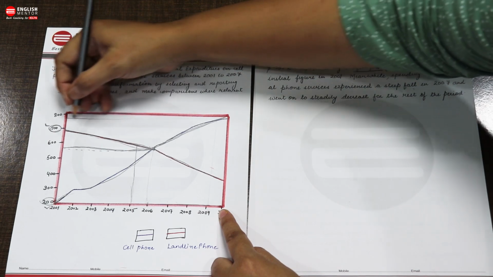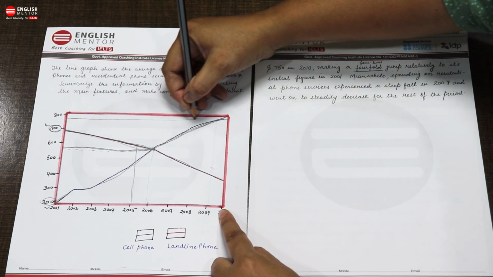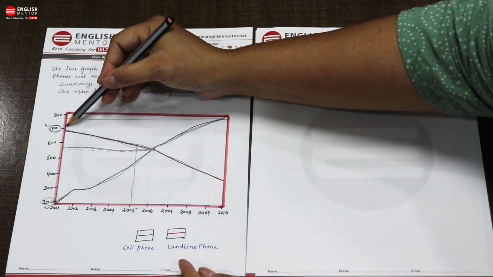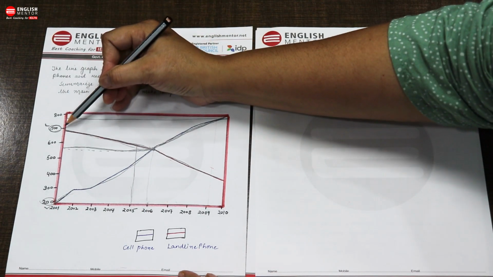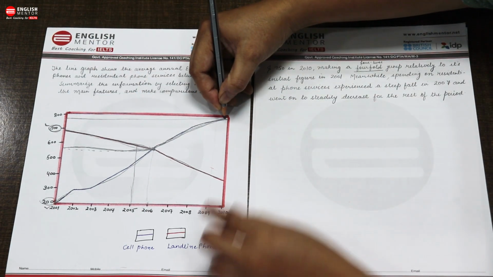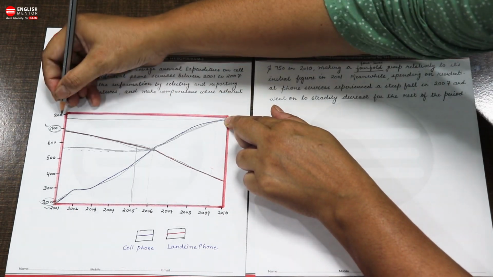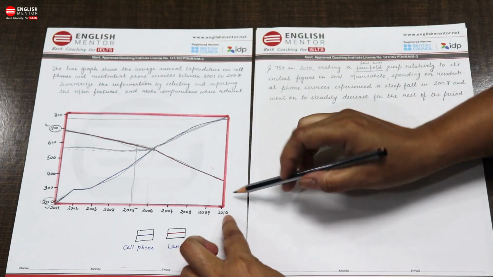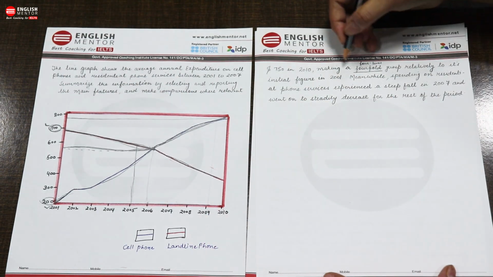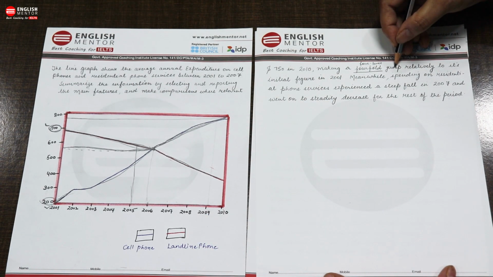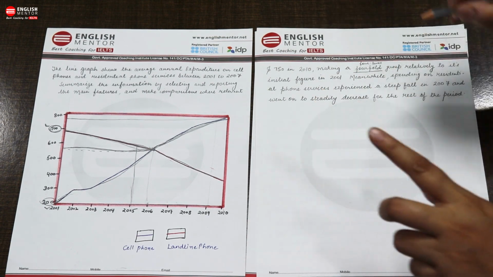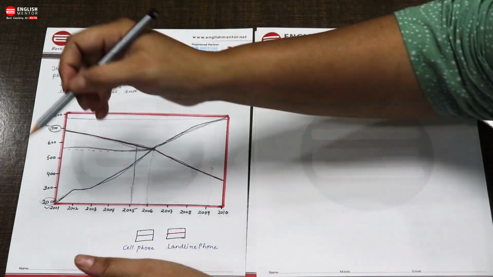We will not give an exact number because no exact number is given. It is between 700 and 800. So we'll say it was about 750 in 2010, making a four-fold jump relative to its initial figure in 2001. Four-fold jump means it increased about 4 times.